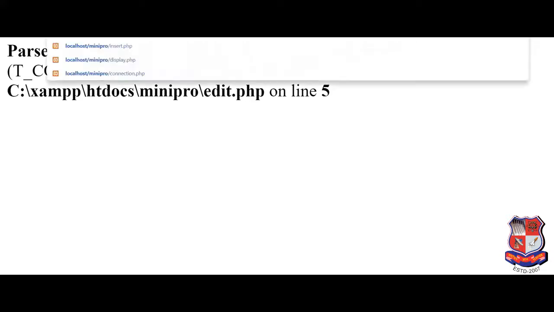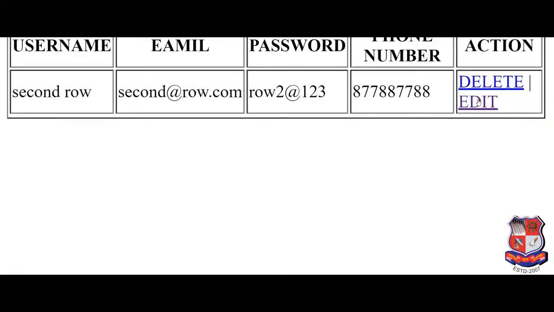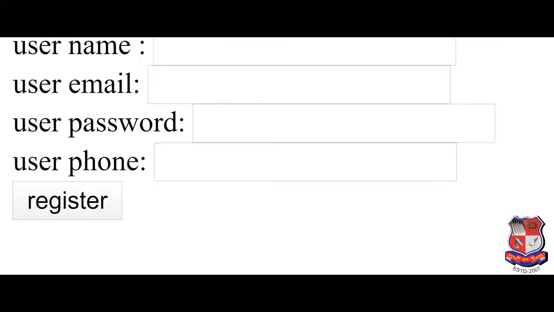Now let's go again to minipro display.php, and when we click on the edit, all the data is getting displayed. When we click on the update, no action is getting performed. Why? Because we haven't written any code for the updation.